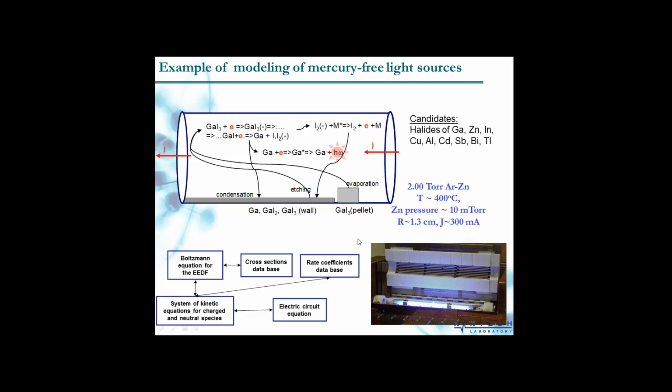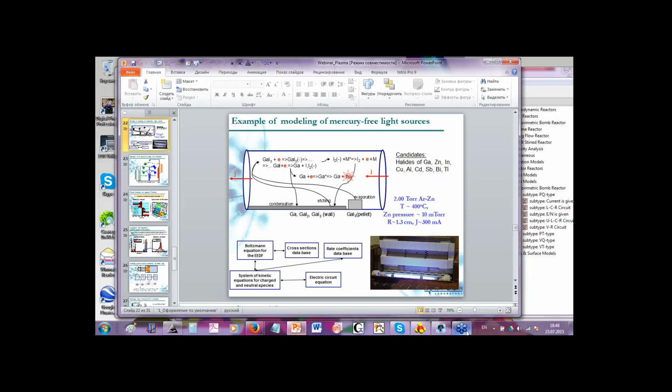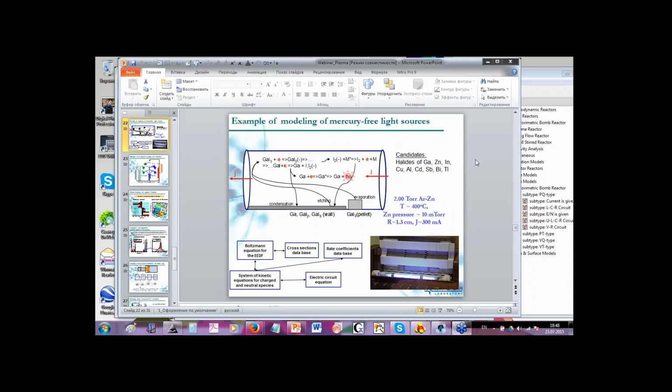Okay. So when we have a very high non-equilibrium concentration of the gallium, just a second. There is a question about whether something is off with the reaction gallium plus electron with formation of excited gallium on the image. Which image do you mean?